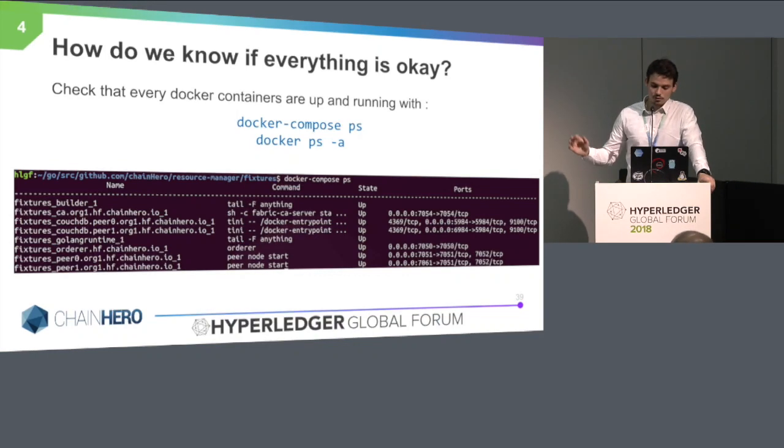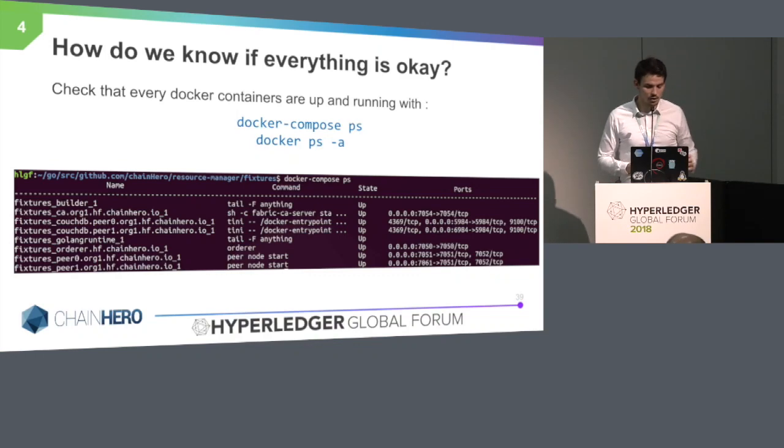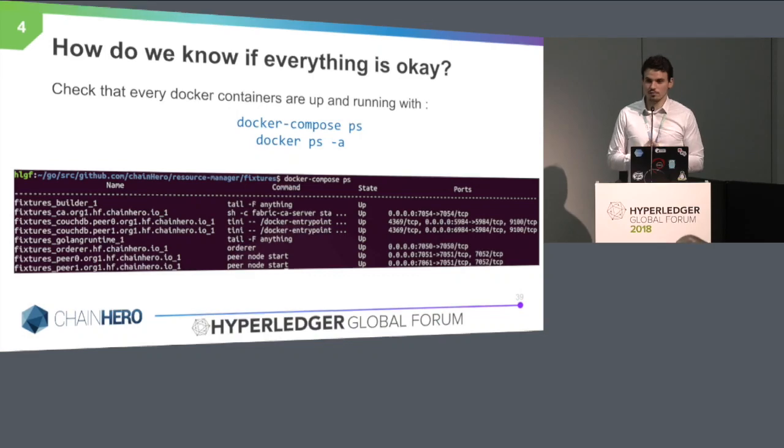If you want, you can use the second command, only Docker, that will show you every container running or not. So, if there are some containers not running, there is an issue. For example, if the container for peer 1 is not running, the binary has crashed.